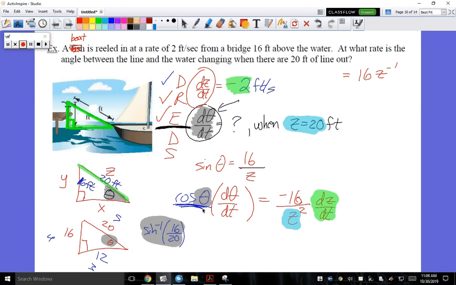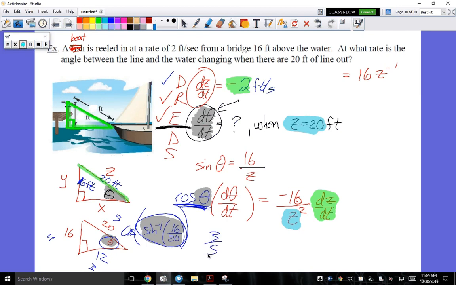This could be a level 7 depending on what you know and how you try to work this out. Instead of doing this and then taking the cosine of that, no one has time for that. Just solve the triangle and ask yourself, what is the cosine from this angle? 12 over 20, which is the same as 3 over 5.